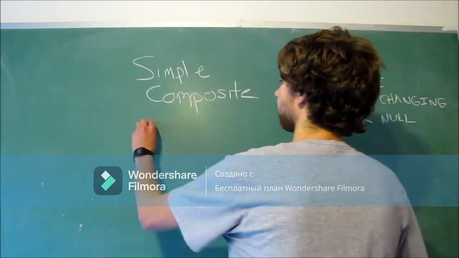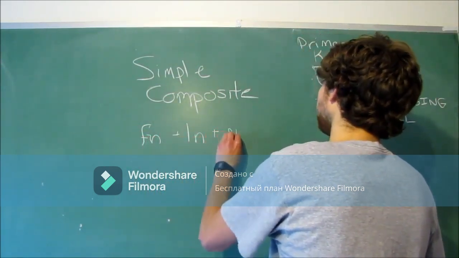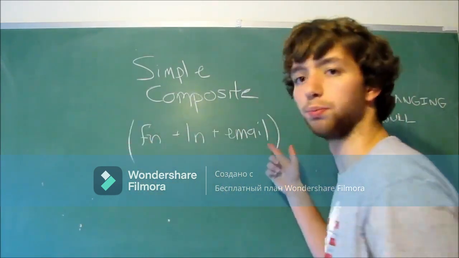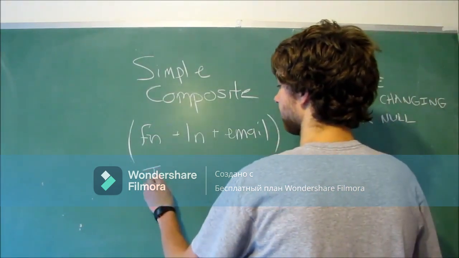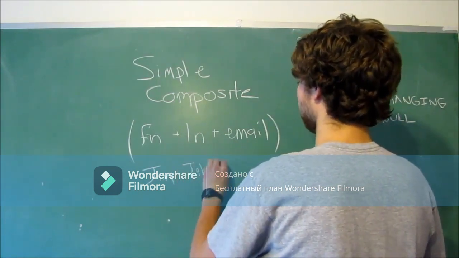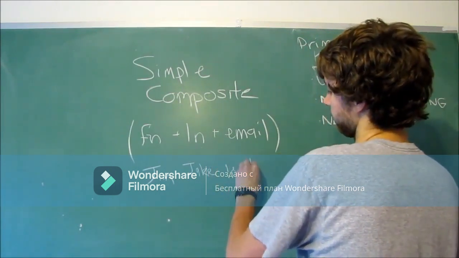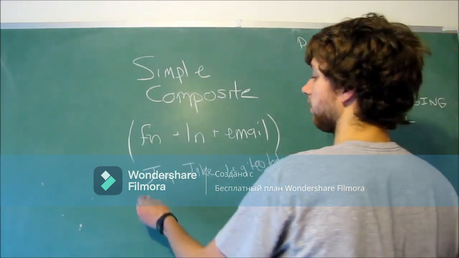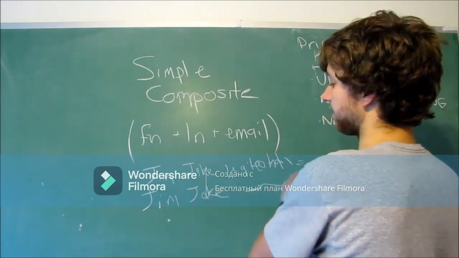So for example, we could have a first name plus last name plus email. This could be an example of a composite key because this whole group as a whole is the primary key. So we could have Jim, Jake, and an email. And then we could have another one with the same exact name, Jim, Jake, and a different email.